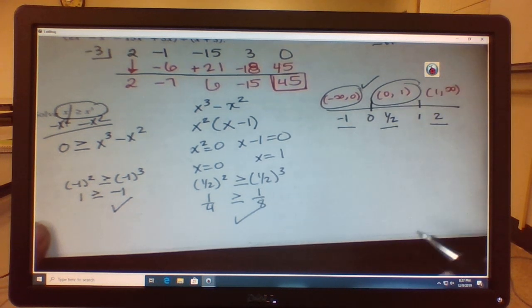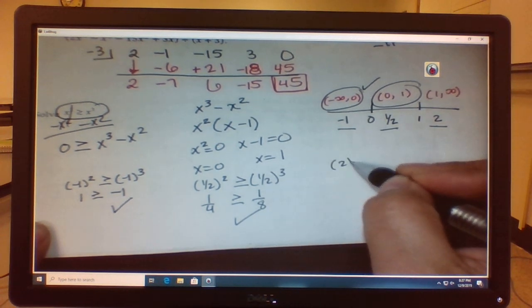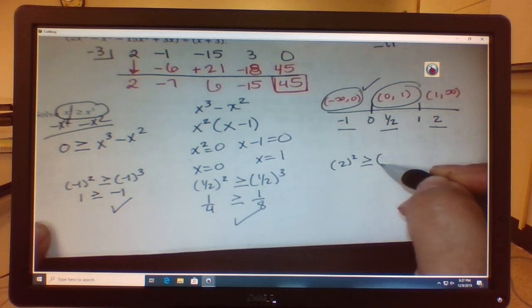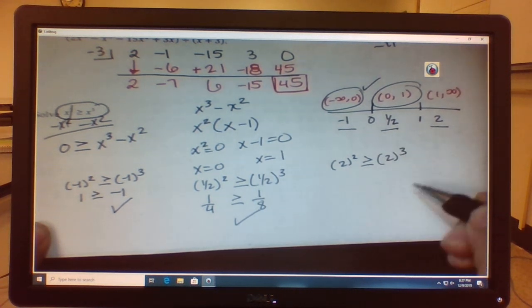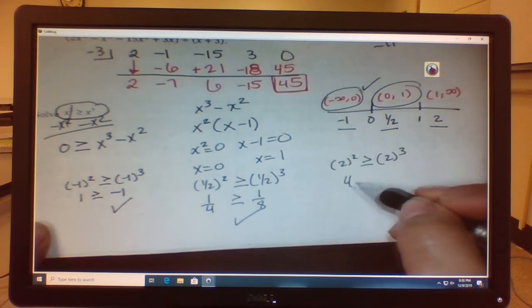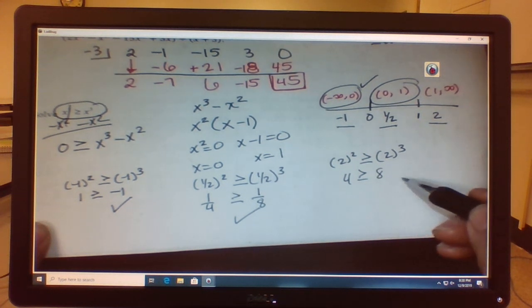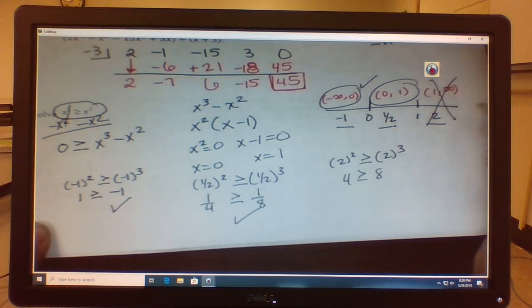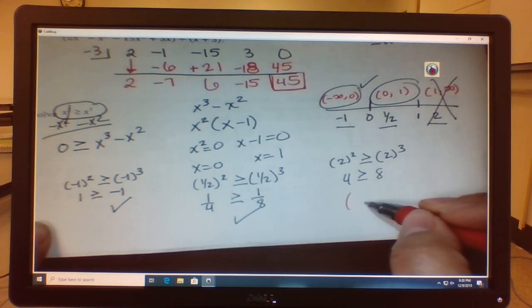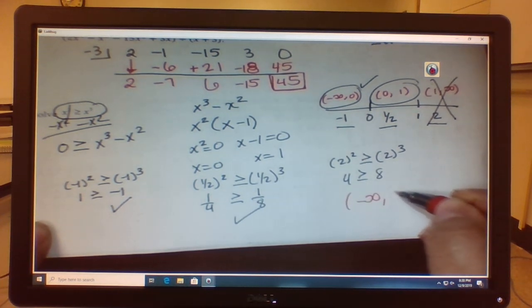So we're good. Then I'm going to try 2 squared should be greater than or equal to 2 cubed. What's 2 squared? 4. And what's 2 cubed? 8. Is 4 greater than or equal to 8? No. So this does not work. So my answer is going to be negative infinity to 1.